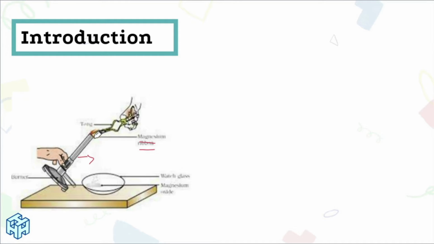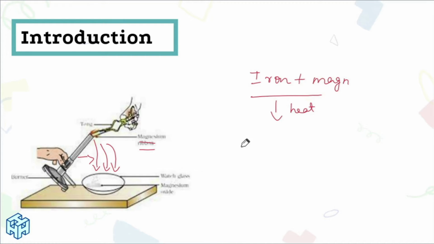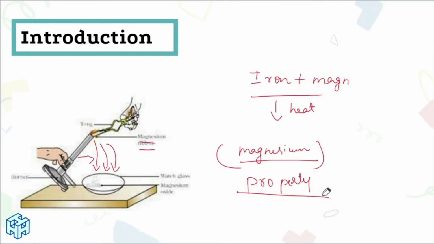When I am burning it, I am able to see the magnesium falling. The color has been changing. The properties of magnesium are different. Everything is changing. Are you able to understand that?